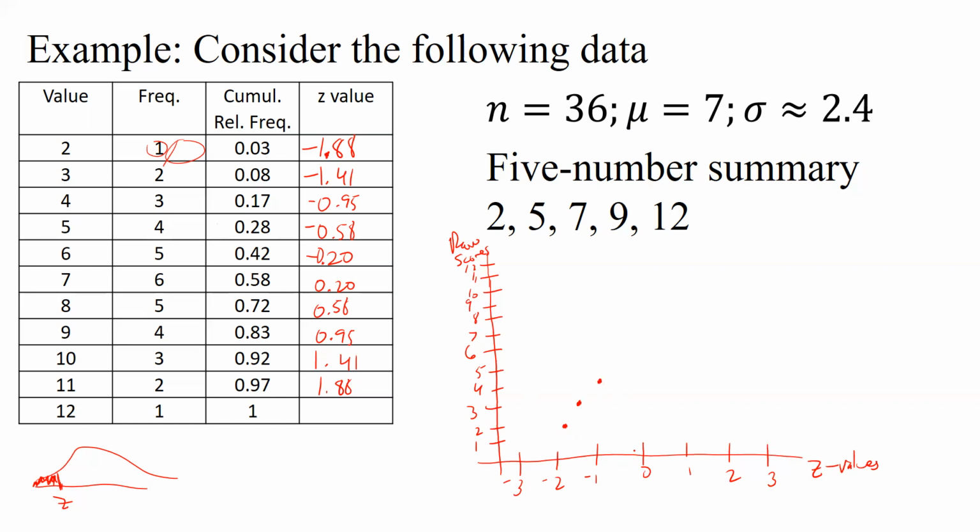The Z value of -0.58 has a raw value of 5. -0.2, about a fifth of the way, has a raw value of 6. Positive 0.2 has a raw value of 7. Positive 0.5, a little bit more than half, has a raw value of 8.